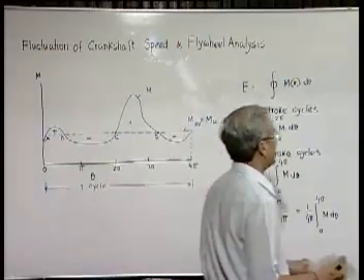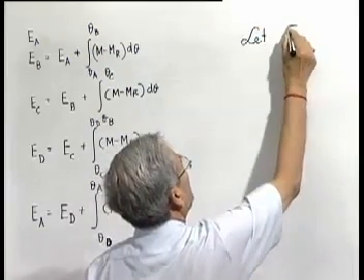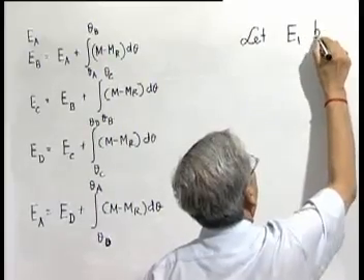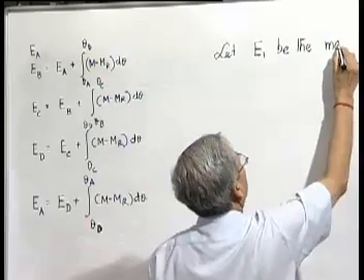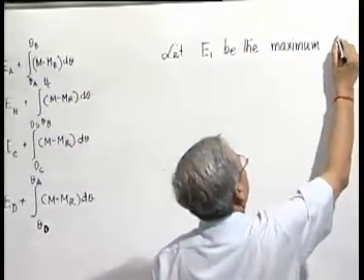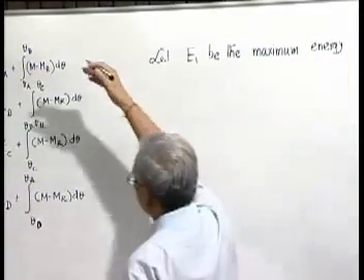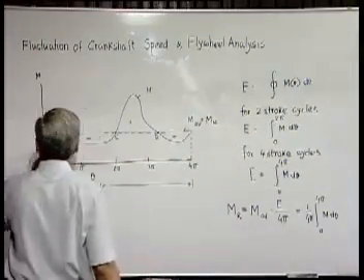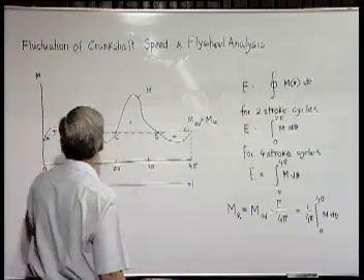Now let E1 be the maximum energy. Amongst all this, of course, you have to see that energy can be maximum in any of these points, here or here and so on.